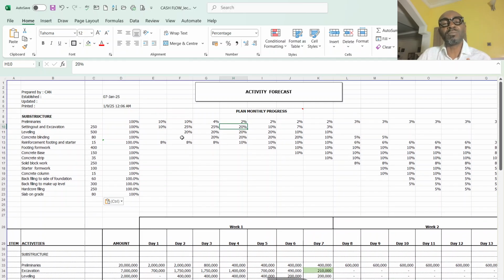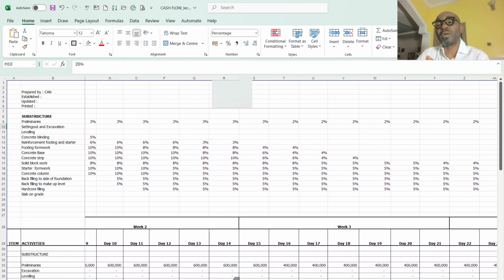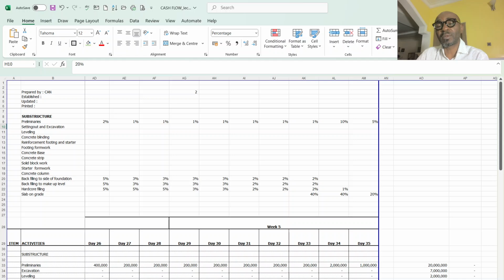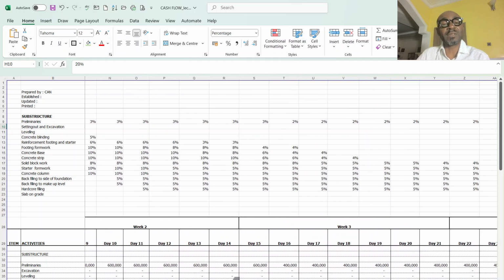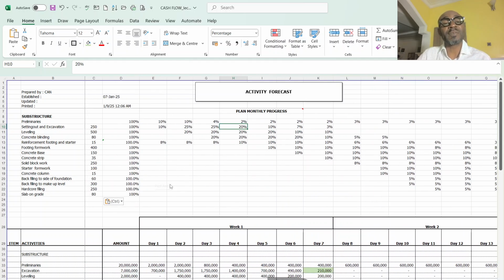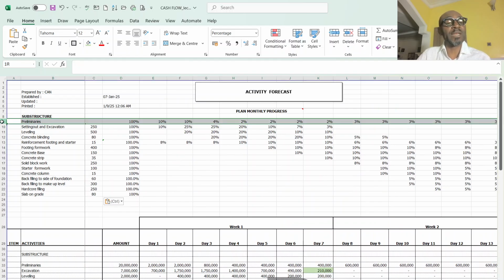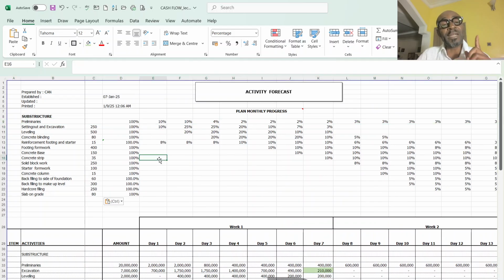So I now use this percentage to spread the volume across the whole duration of the project, which is 35 days. Then for, say, the preliminaries, and mind you that as I am spreading these percentages, I have a control here to ensure that my percentage allocation does not exceed 100%.